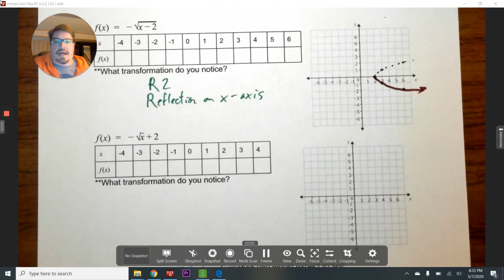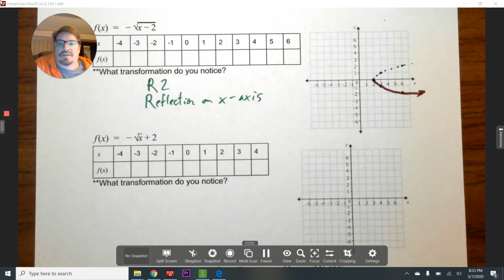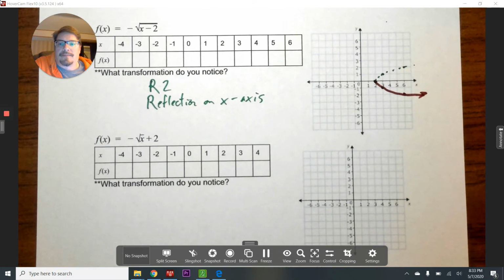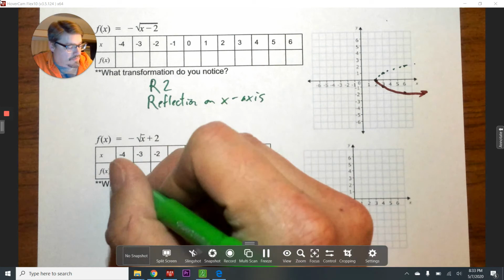This is just the basic parent function, and it's going to be lifted. Okay, so let's do the table. I cannot do a negative sign here.